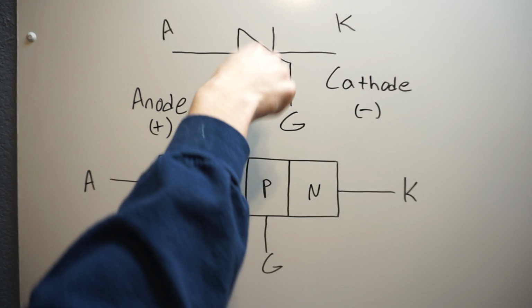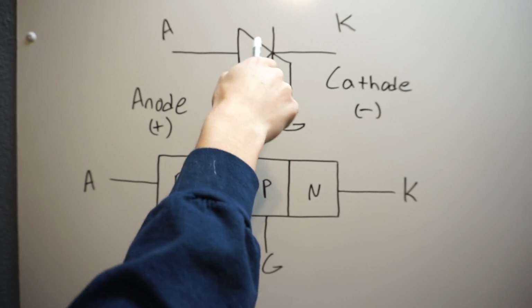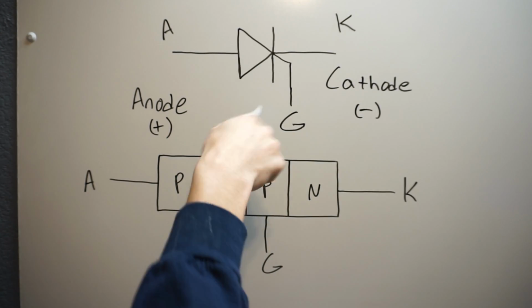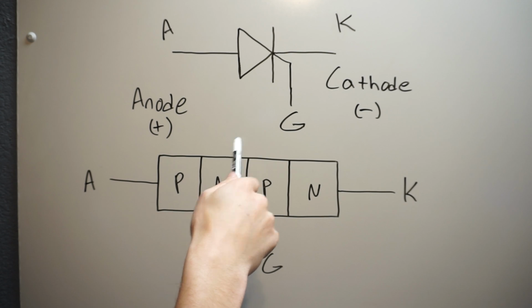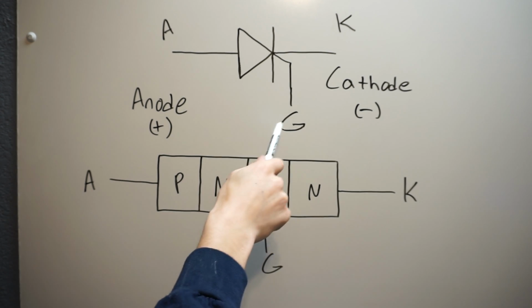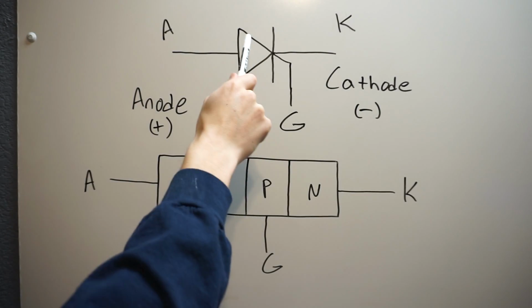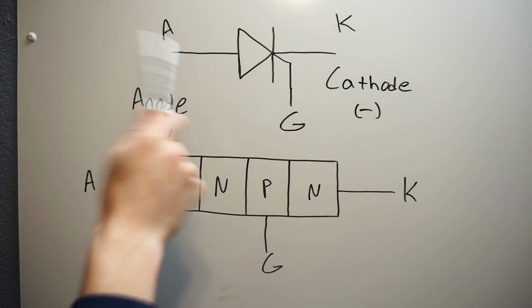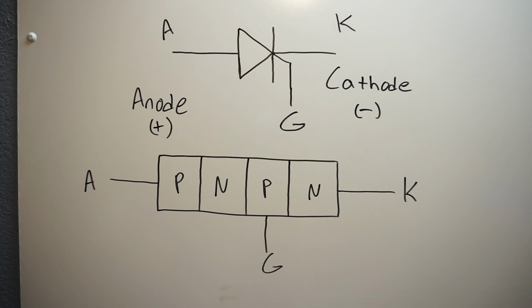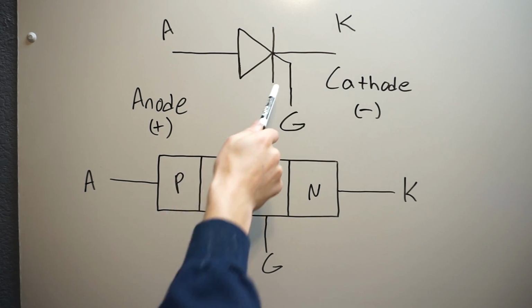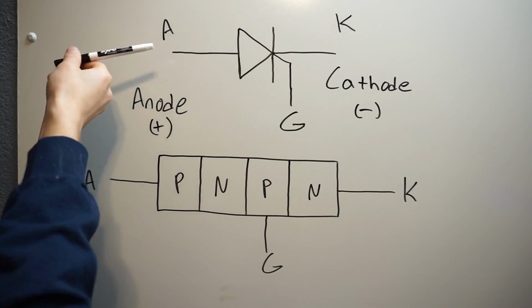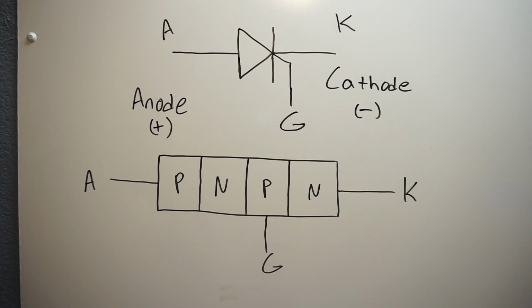So this thing can act like a diode that is not on all the time, and you can activate it, or put it in the on state, with this gate. When you have a little bit of current going through that gate, it'll activate this SCR, and current will begin to flow through to your load, right? And this thing actually latches.